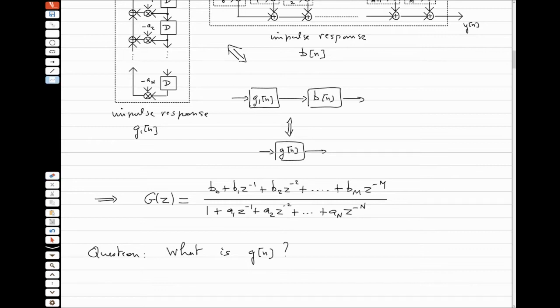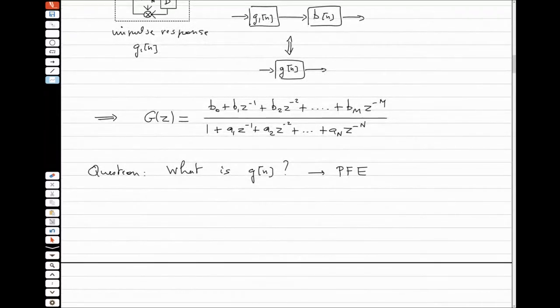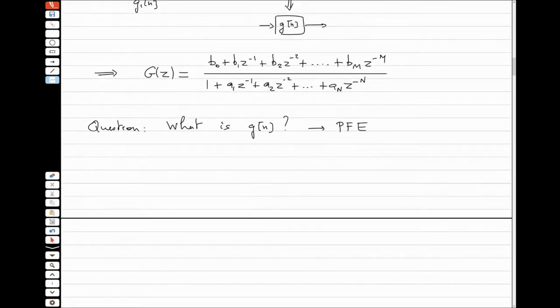And again, the answer is to perform a partial fraction expansion. But it's more complicated than what we saw last time, because last time we didn't have any numerator, we only had a denominator, and it was of degree 2. All right, so let's go through the complete resolution of that inverse Z transform.